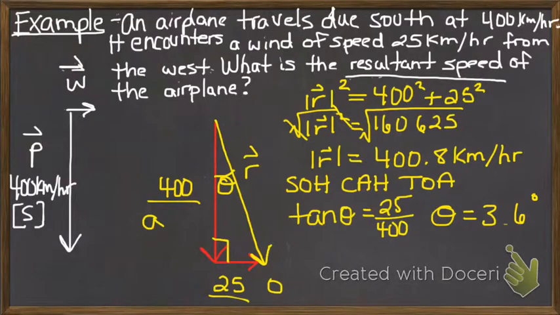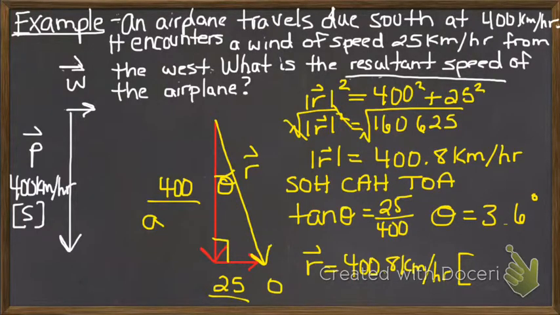Therefore, we can say that our vector, r, which is the speed of the airplane with a direction, is equal to 400.8 kilometers per hour with the direction, again, use your square brackets. We're going to use the quadrant bearing. How do we represent the direction of that yellow vector?